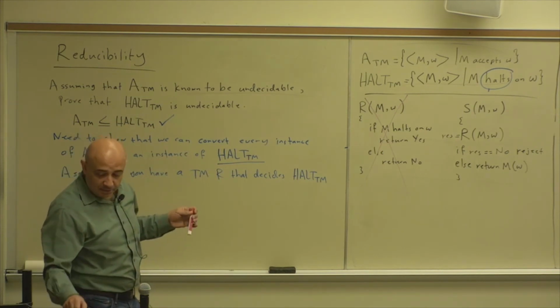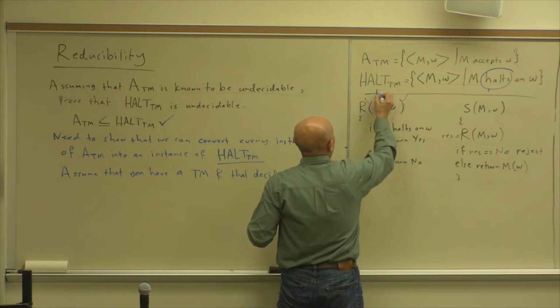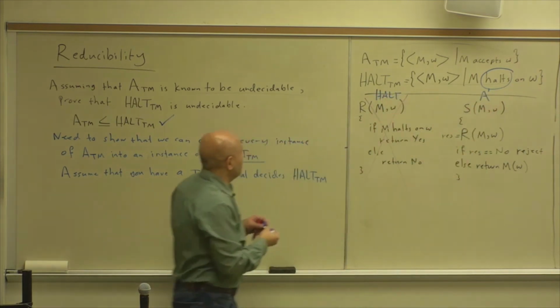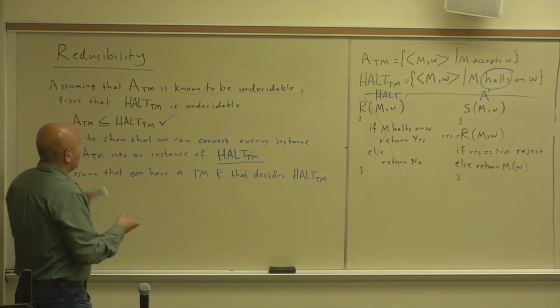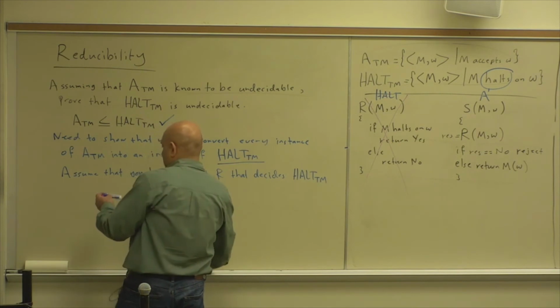So this is a solver for halt, and this is a solver for A, acceptance. Okay, so we can write this in terms of a Turing machine now.